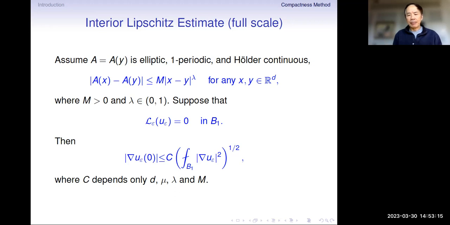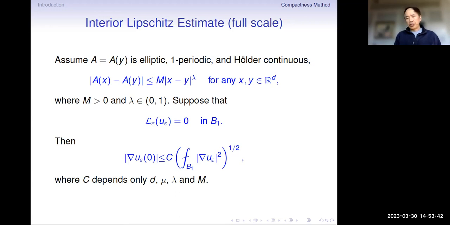Lambda is some number between 0 and 1. Okay, so you have a solution in B1, in a unit ball, and this time, instead of the average, I can control the value of the gradient of u epsilon at 0, at the center of the ball, by the L2 average of the gradient over B1.